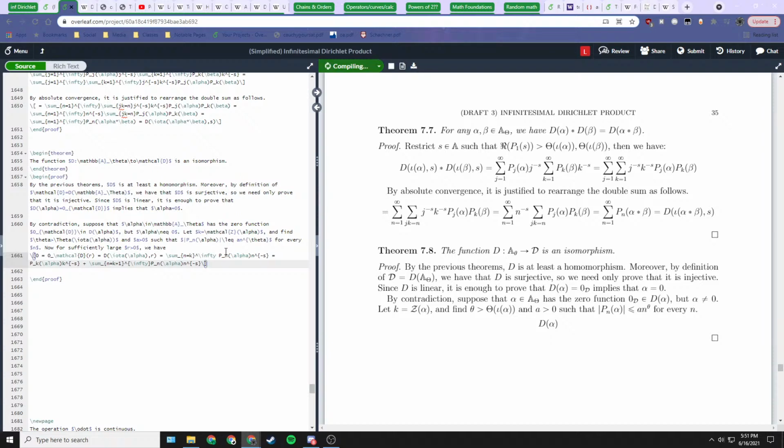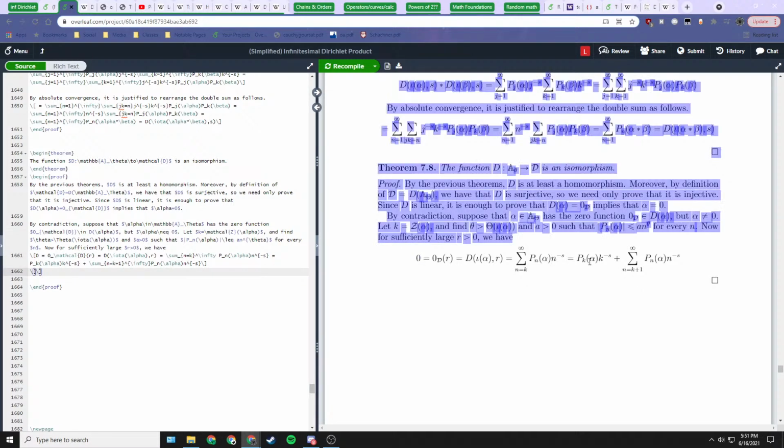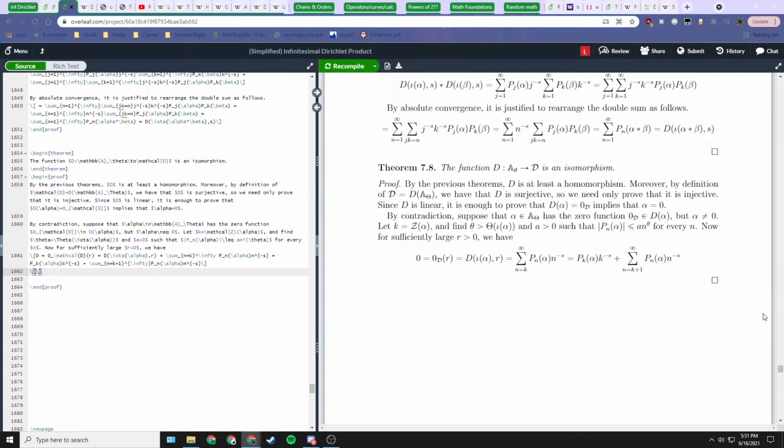Okay, so we have 0 equaling this summation. What we're going to do is divide by k to the power minus s, and subtract p sub k of alpha. So we have negative p sub k of alpha, and we divide by k to the power minus s.